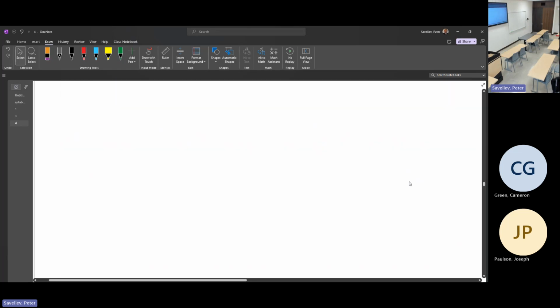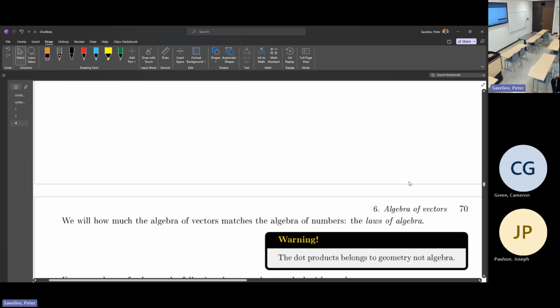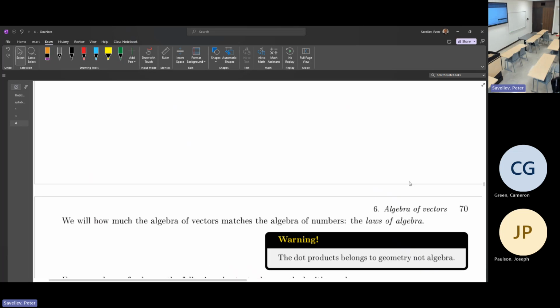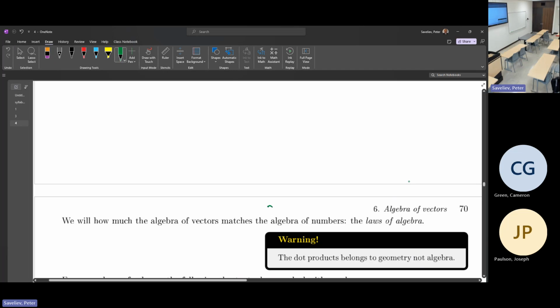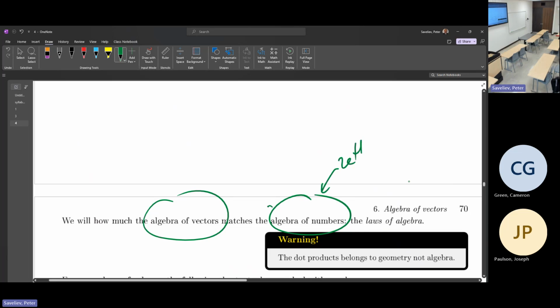Okay, more algebra. So let's take a look. We need to reassess the algebra as we know it. To understand the algebra of vectors, we need to understand the algebra of numbers. We are so used to it, we have done it for literally decades, so we are not thinking about it twice, and we need to rethink. In what sense?